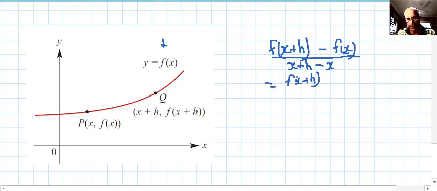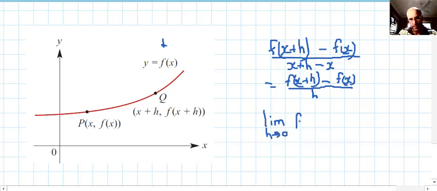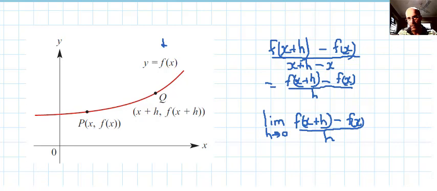So f of x plus h minus f of x over h. Now, if we apply the limit, it looks like this. And that is basically the derivative.